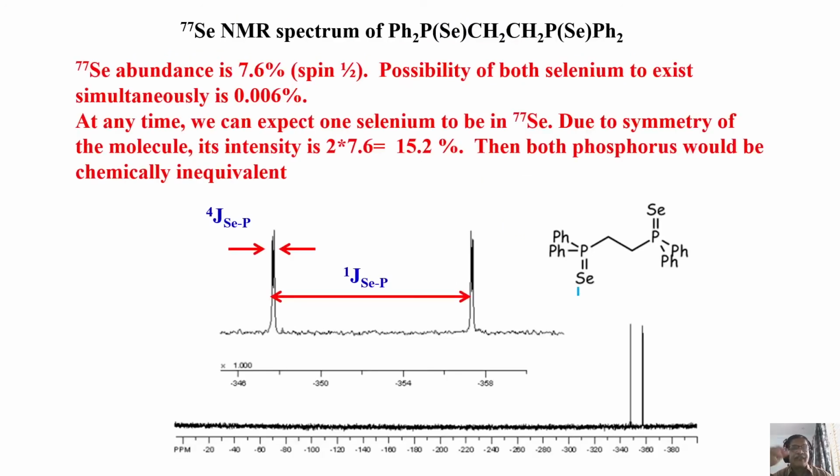Similarly, now you can look at the selenium NMR. The abundance is only 7.6% here, spin half nuclei. There are two selenium here. If you see any selenium at any given instant of time, like we saw the carbon 13 satellite, symmetry is broken. When the symmetry is broken, you get selenium phosphorus coupling very easily. We can measure that.